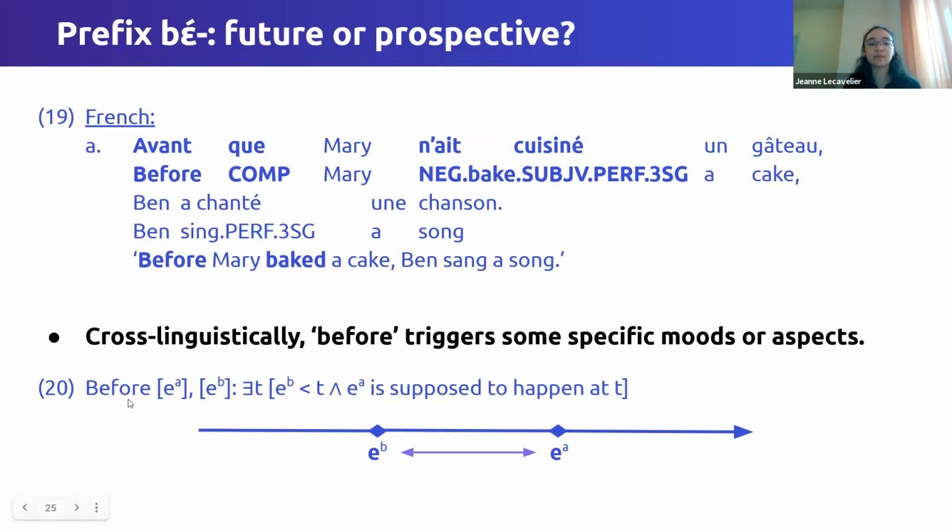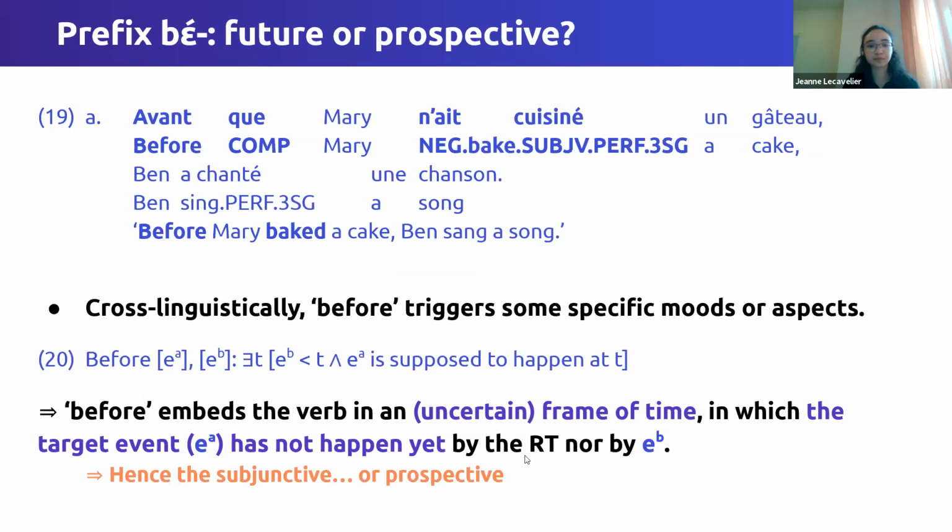So it would mean that if you say before event A, then there was event B, you imply that there is a time such that event B happens before this time, and the event A is supposed to happen at that time. So you locate both events in the reverse order, in the ontological order, and then in comparison to event B, event A hasn't taken place.